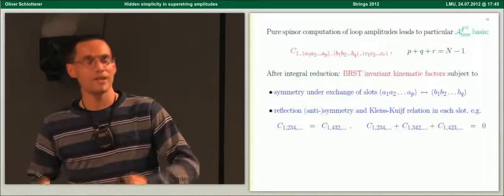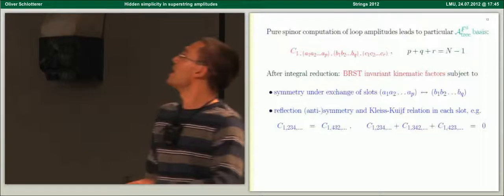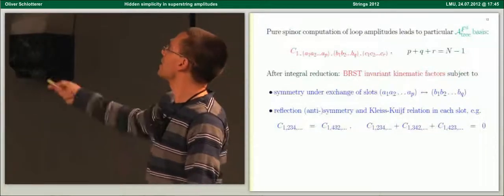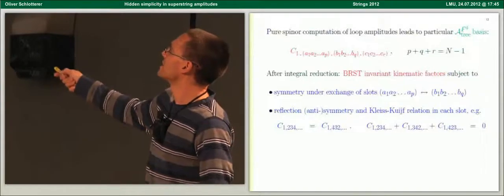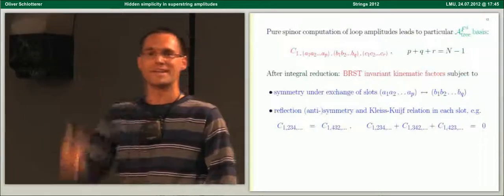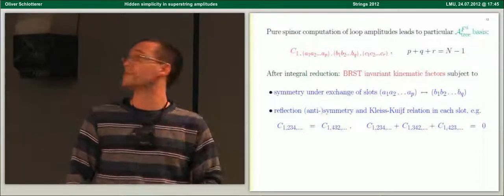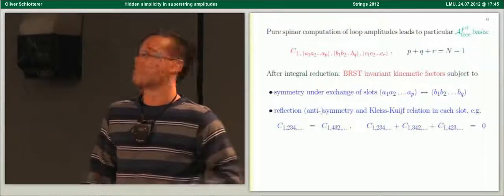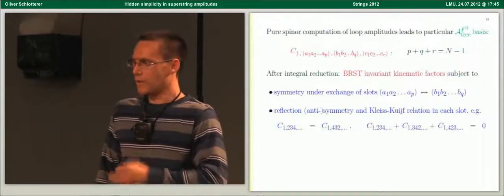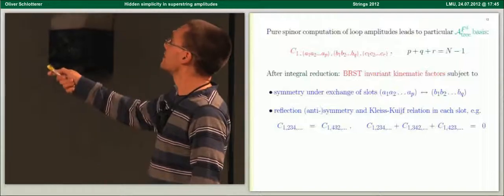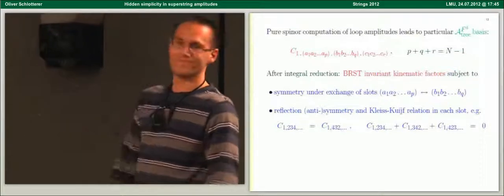And more remarkably, in each individual slot, they behave like tree amplitudes in the sense that they have a reflection symmetry and a Kleiss-Kuijf relation. So for instance, if a slot has 3 labels, it essentially behaves like a 4-point A Young-Mills tree amplitude. However, there are no BCJ relations. Now, once I know about these Kleiss-Kuijf relations, this implies that each of these slots essentially behaves like a cycle.